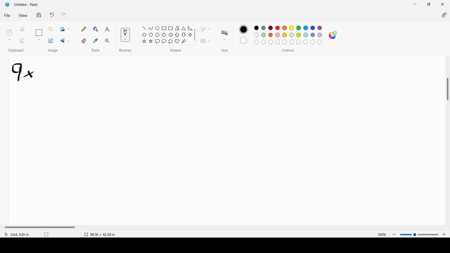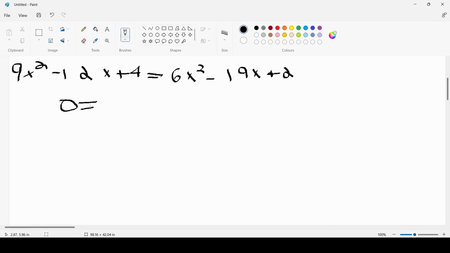Should be 9x squared minus 12x plus 4 equals 6x squared minus 19x plus 2. Now, let this equal 0, because this is a quadratic.